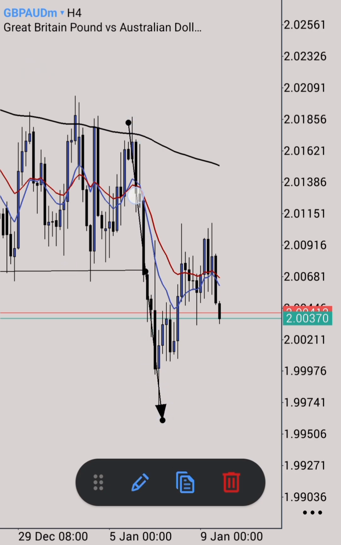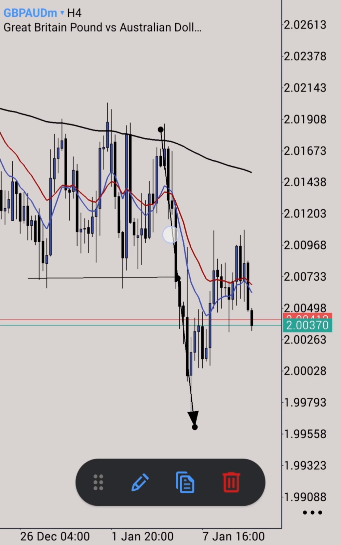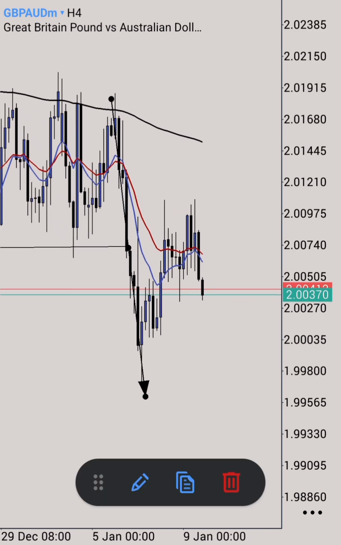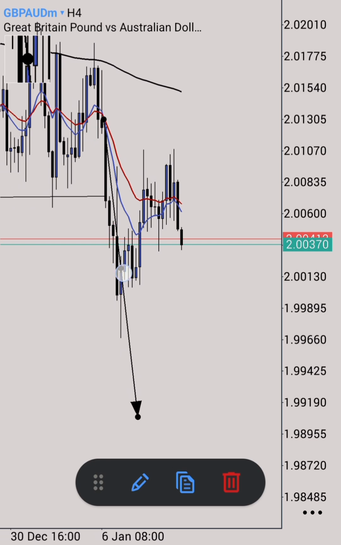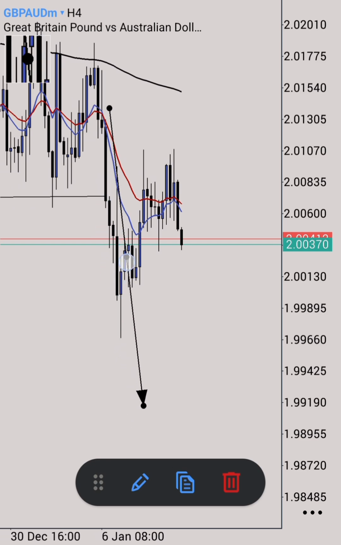We can see this impulsive leg from the high to the low, this very leg here from the high to the most recent low.